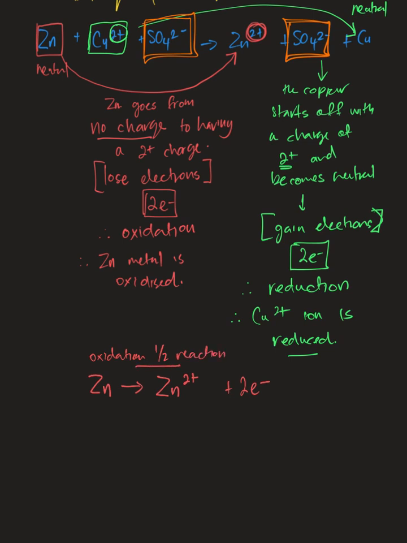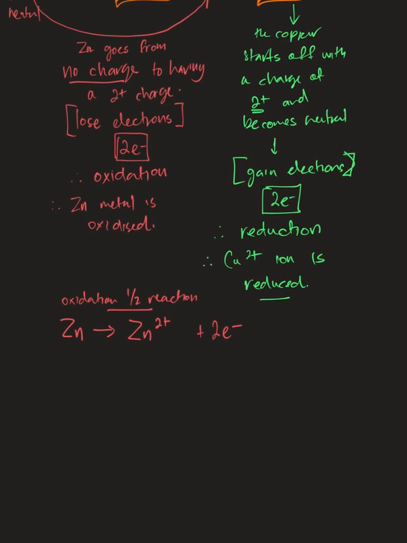Right. The second one I have to write out is for the copper. But the copper doesn't start off as copper. It starts off at Cu2 plus. And that Cu2 plus has to become copper. So plus 2 electrons will lead me to copper.